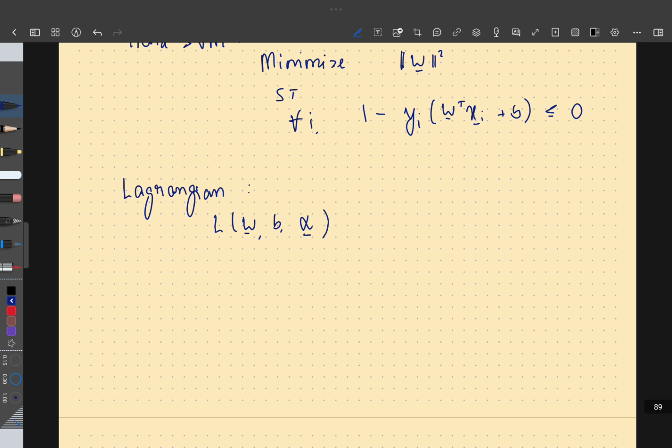So I have n inequality constraints, one for each data point, so I need n Lagrange multipliers.